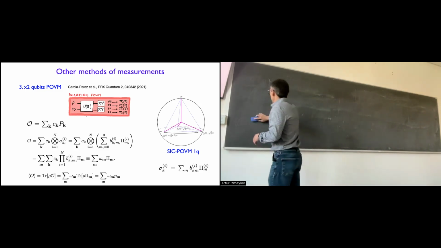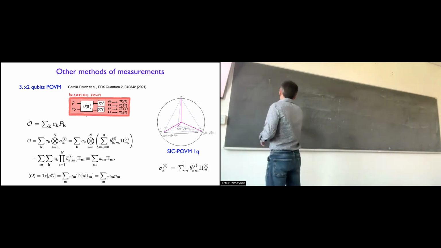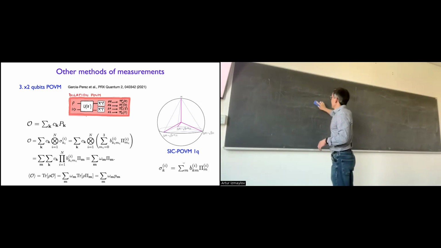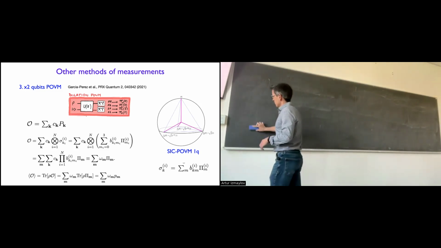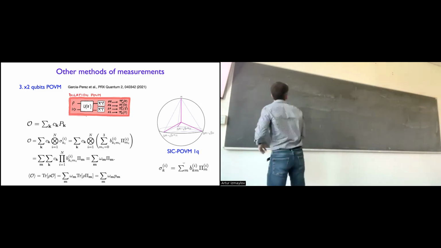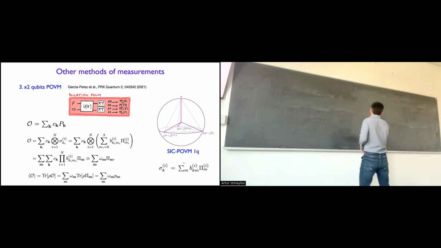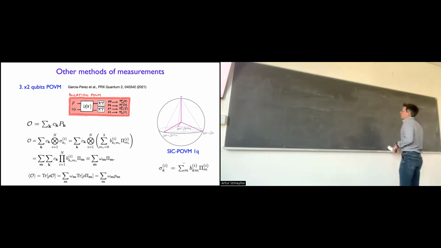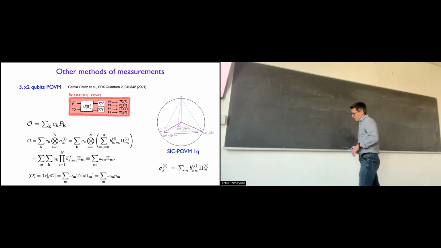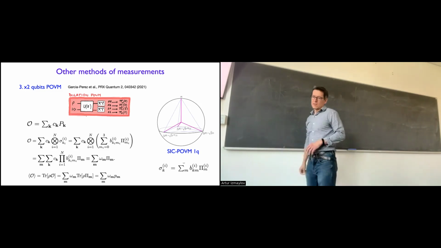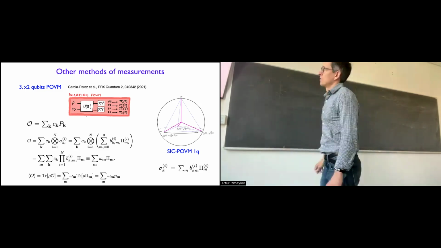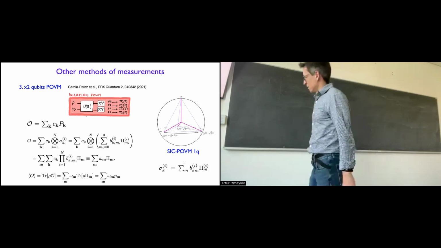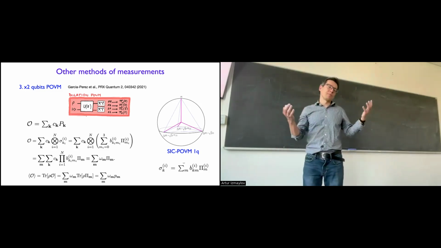Here it turns out this generalization could be useful, although the Hadamard test could also be seen as a particular version of POVM type measurements. The best way to think about it is as a projective measurement on just a bigger system.